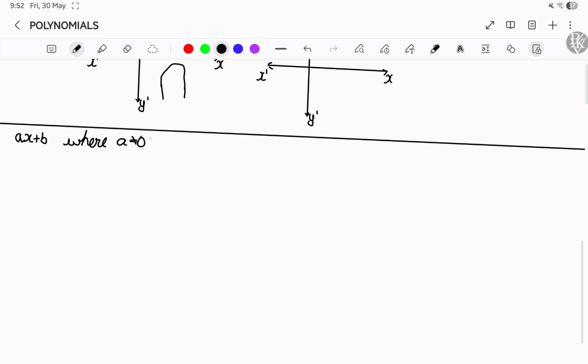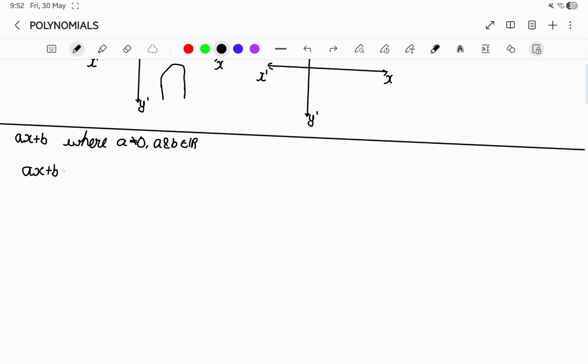Now a few things to note: a and b are real numbers, so this means they belong to real numbers. Here we want to find the relation between the coefficients, these are the coefficients, and the zeros.